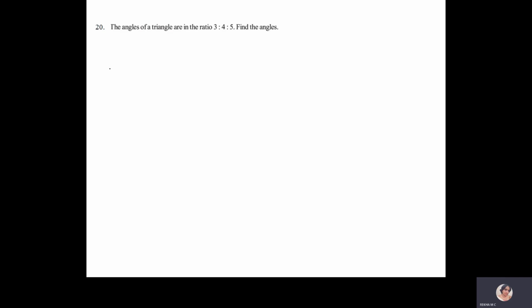Next question. The angles of a triangle are in the ratio 3 is to 4 is to 5. Find the angles. The sum of the angles of a triangle is equal to 180 degrees. So therefore, the angles are, so 3 divided by total 12 into 180, that is equal to 12 into 1, 15, so 45 degree.